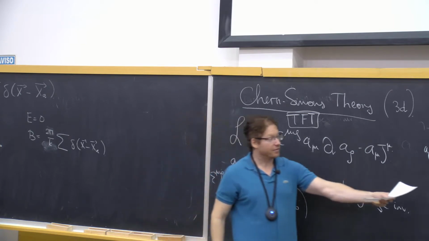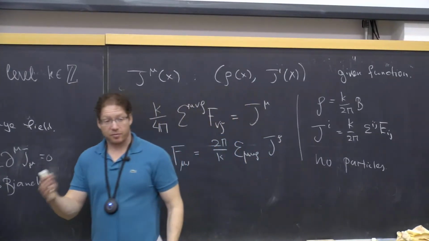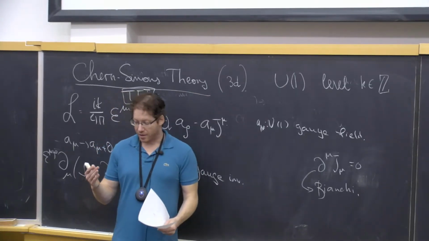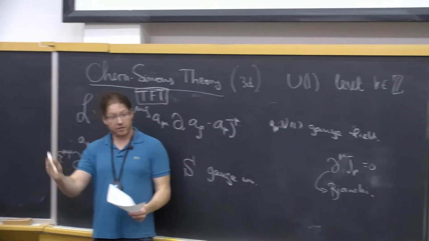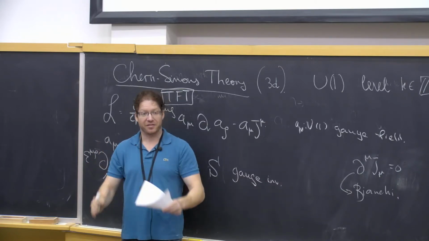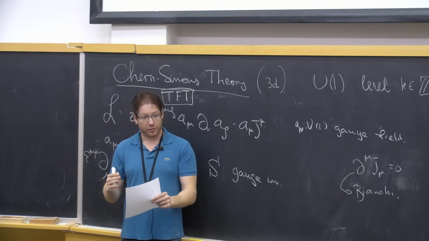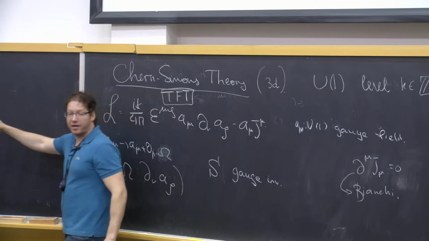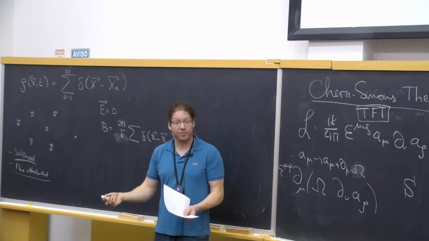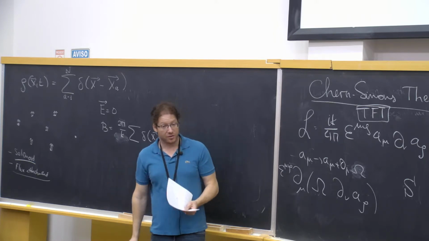It has an index, Ei. While the magnetic field is a pseudoscalar in space. It has no indices in 2+1 dimensions. In 3+1 dimensions, the electric field is a vector and the magnetic field is a vector. And they're almost interchangeable. There is a duality that interchanges them, but one is a vector and one is a pseudo-vector. In 2+1 dimensions, they're not even comparable because this is a vector and this is a scalar or a pseudo-scalar. Okay, so there is no sense of changing who you call what.